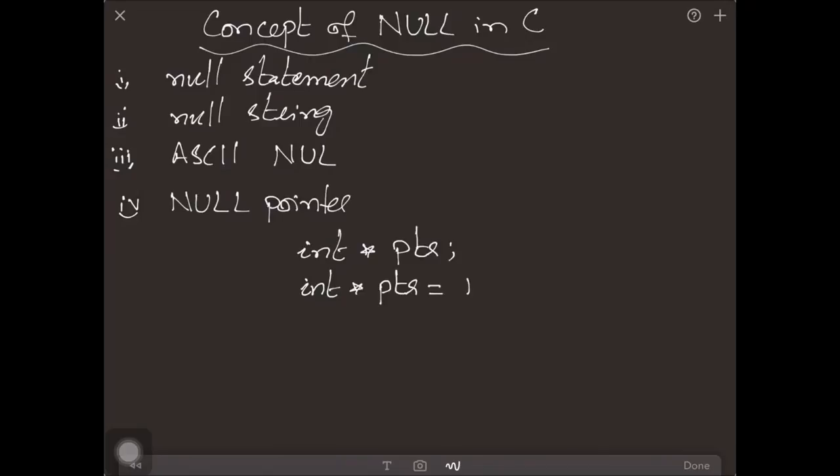It is always better that whenever you create a pointer, you initialize it in the same line. If you can't, you initialize it with NULL, where NULL is a macro defined in stdio.h as (void *)0. Many times you can write it like this as well.